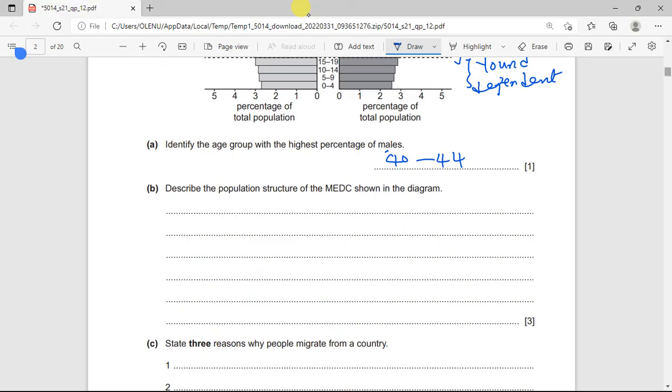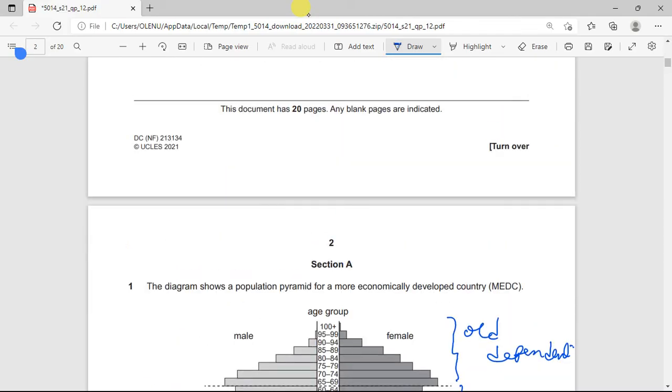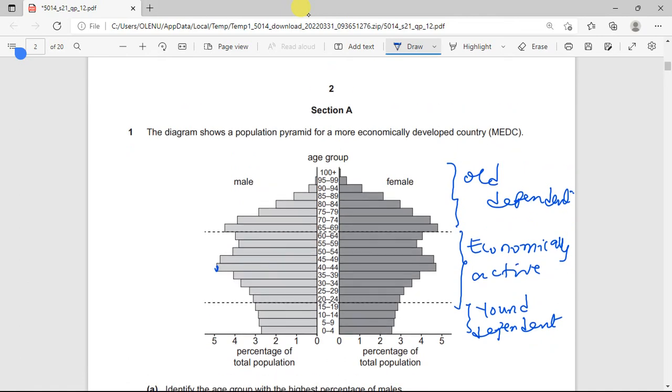This is quite easy, because the answer is what you are looking at. First, you look at this dependent ratio. So you find out that there is a low young dependent population, or the young dependent population is small. Then you find out that there are more females than males among the old dependent population, and you can bring in statistics too.